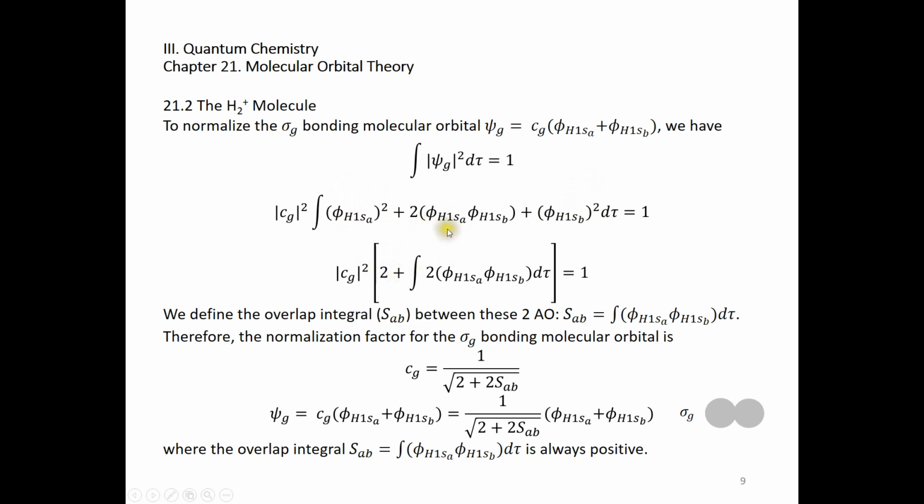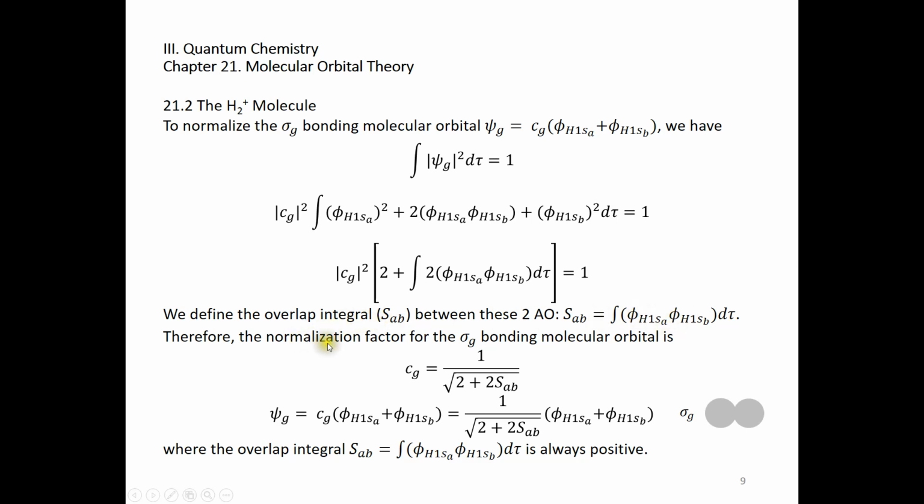Together we have 2, and over here we have another integral, so we just combine this 2 and put it here, and we have the integral here. We copy that here. And now we define the overlap integral S sub AB between the two atomic orbitals.